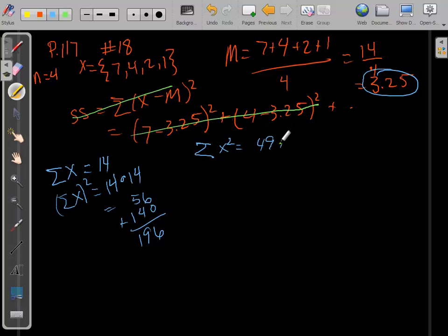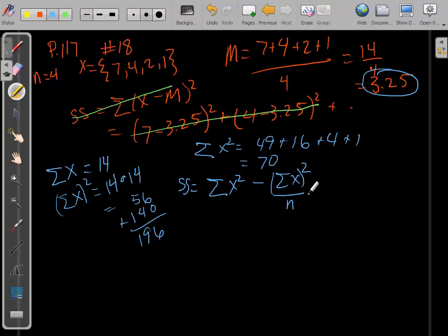So that's 49 plus 16 plus 4 plus 1. Oh, that's slick. 1 and 49 is 50, plus 20, so we have 70. Alright, let's think about this. We have 4 scores. The sum of squares is equal to the sum of the x's squared minus the sum of the x's quantity squared over the sample size.